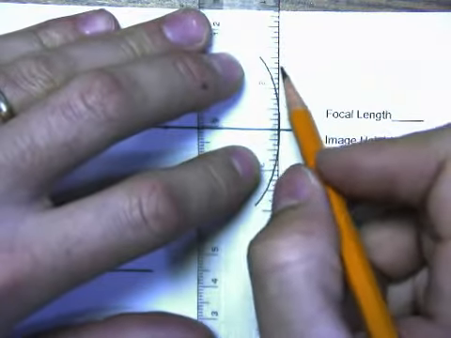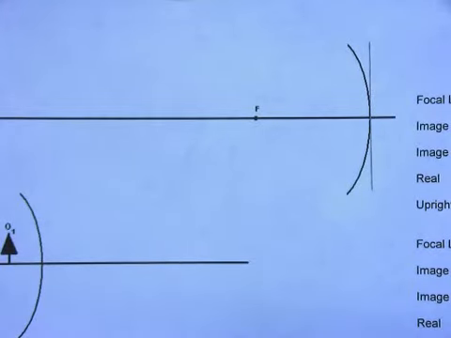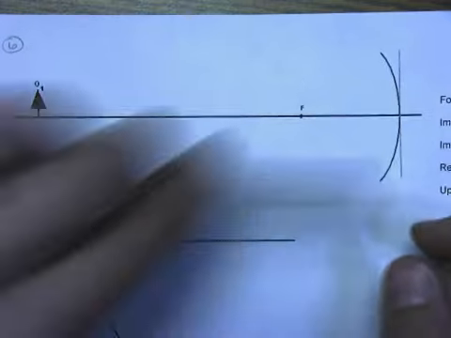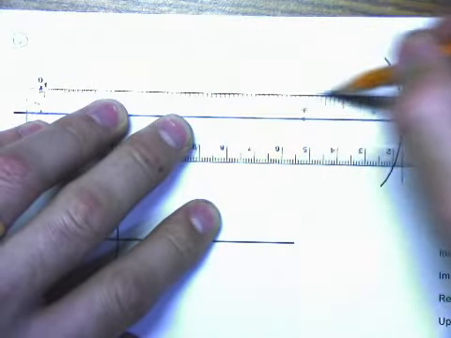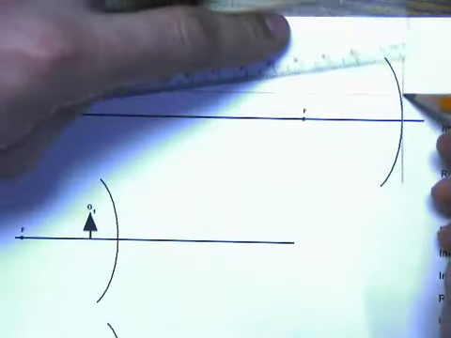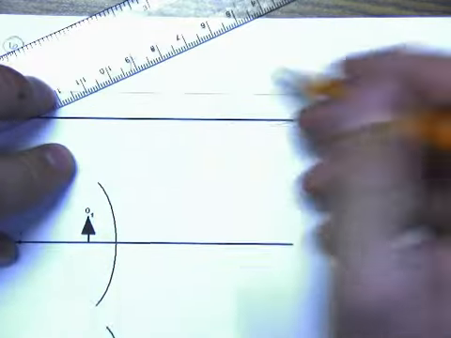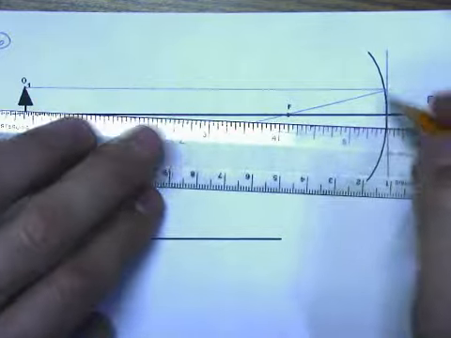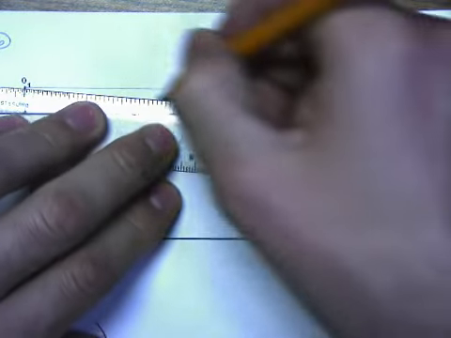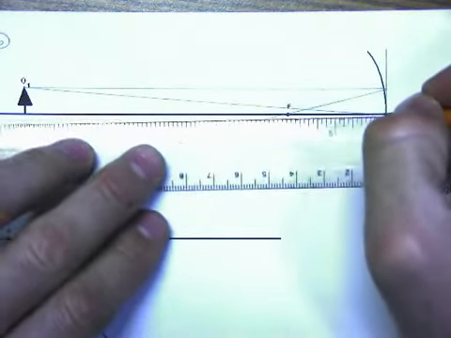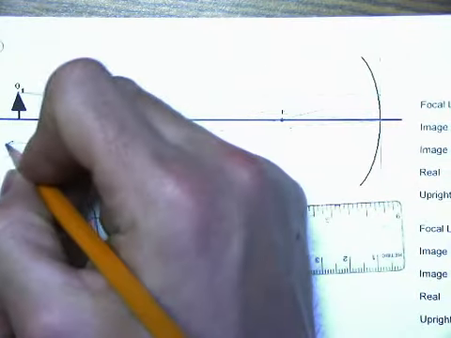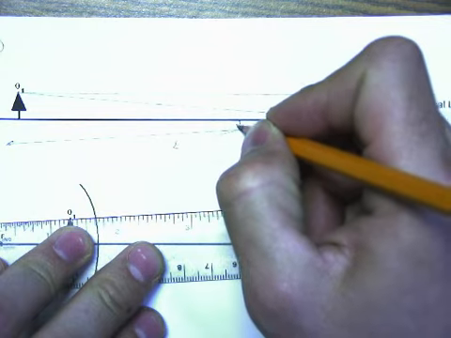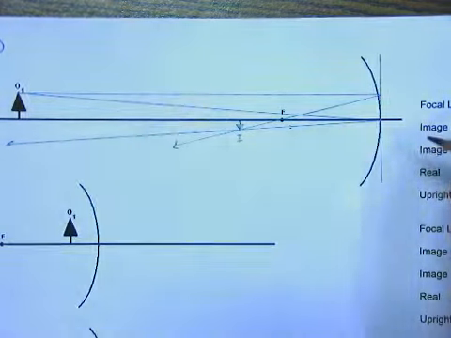This is a long one. So it's out here. Through the focus, comes in, bounces off, the image is right there.